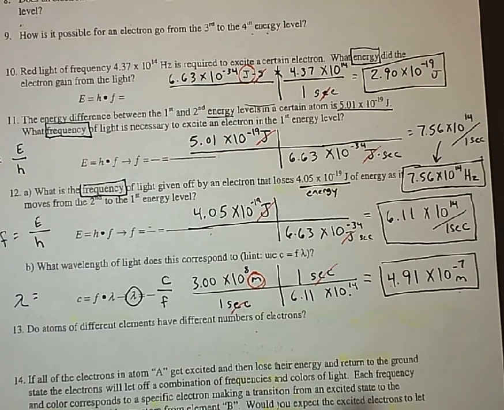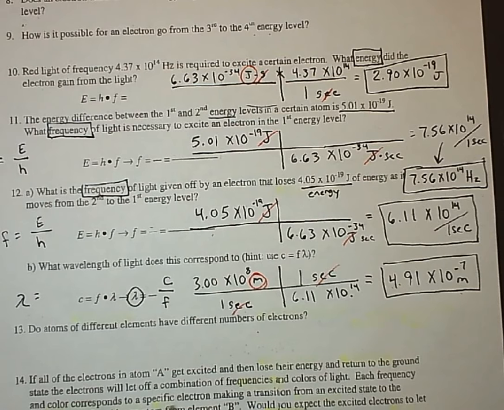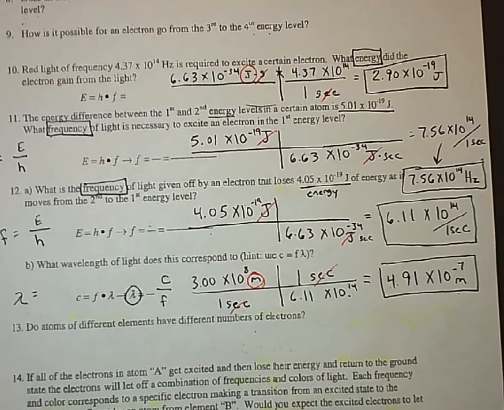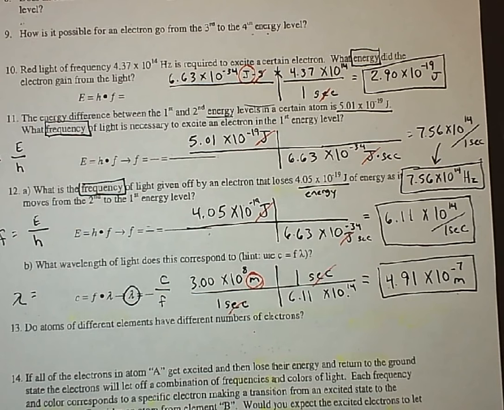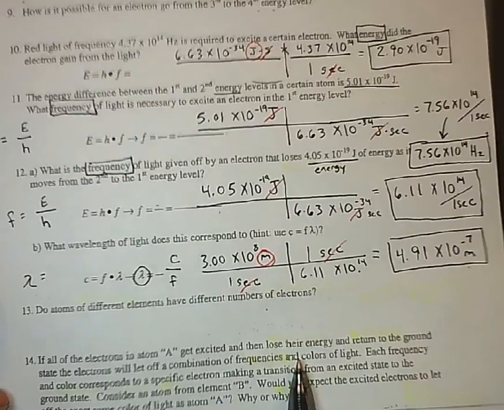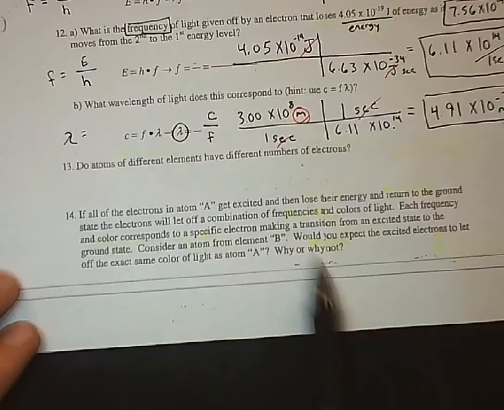Each frequency and color corresponds to a specific electron making a transition from an excited state to a ground state. Considering an atom from element B, would you expect the excited electron to let off the exact same colors of light as atom A? Why or why not? Go ahead, use your EdPuzzle questions to help you answer that here and give a little summary.